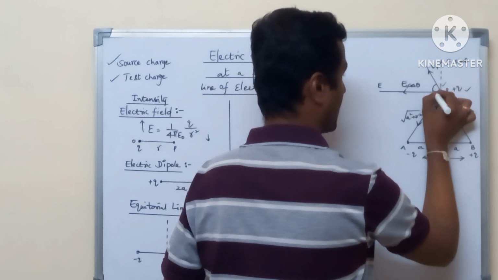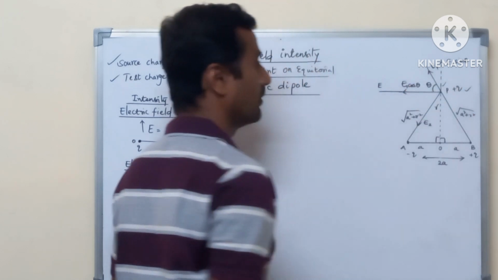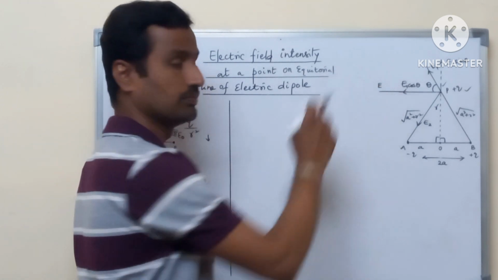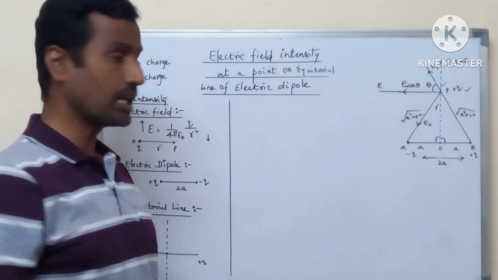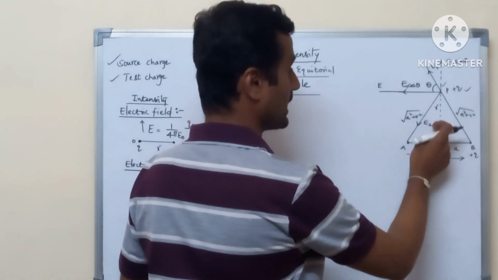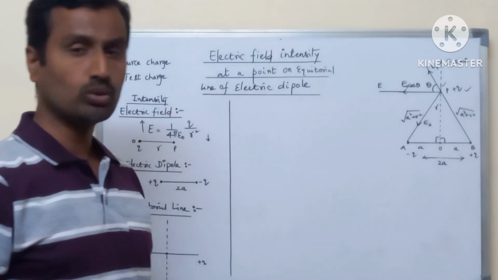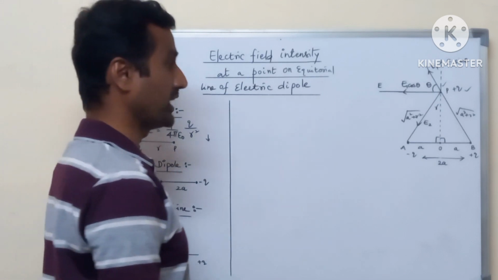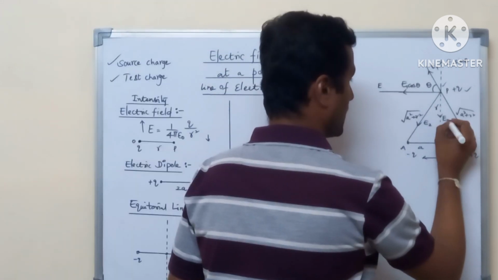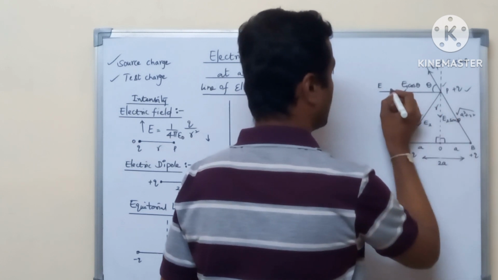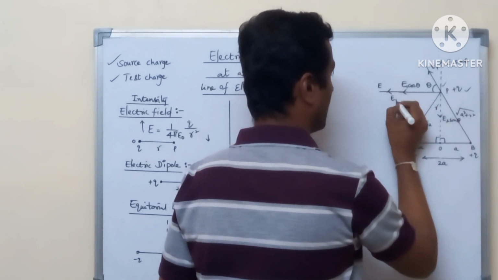Here theta is the angle between E1 and the resultant electric field E. Similarly, resolve the electric field intensity vector E2 into two perpendicular components, that is E2 sin theta and E2 cos theta.